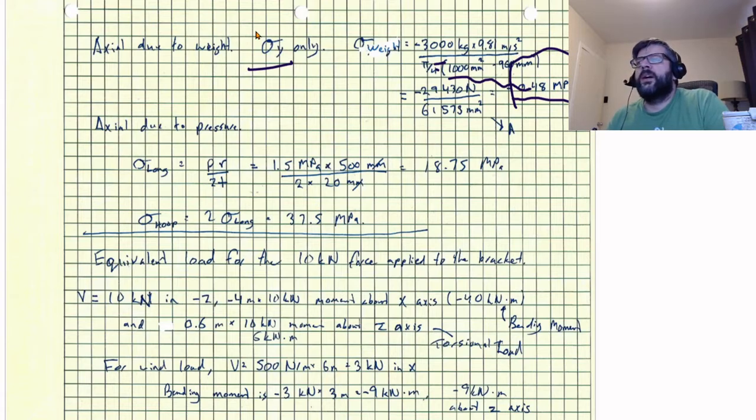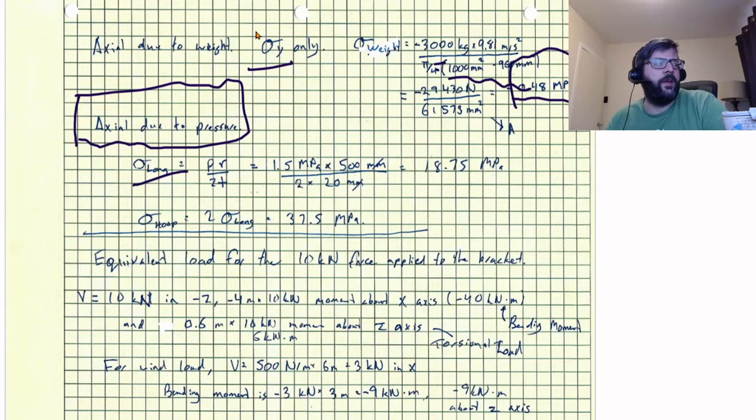Next up, axial force due to pressure. We've got the longitudinal stress, which is also acting in the y direction. That's just P times R divided by 2T. We're assuming it's a thin-walled pressure vessel, considering that the ratio of the radius to the thickness is sufficiently high that we can do that.